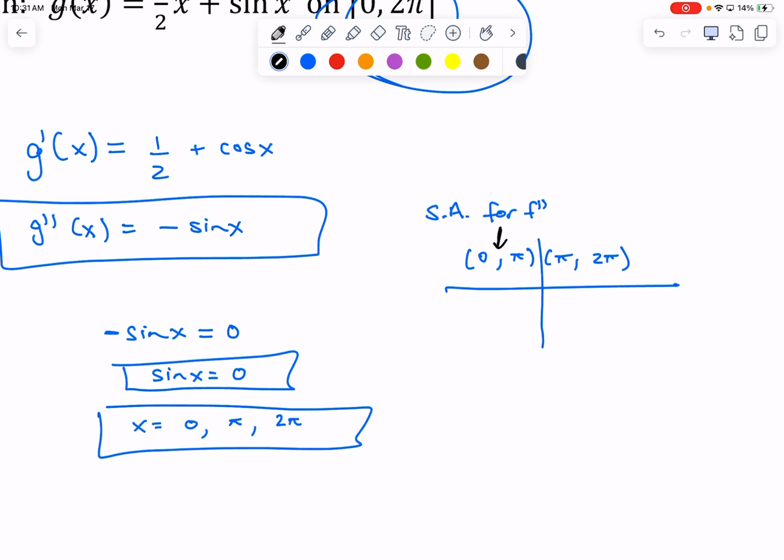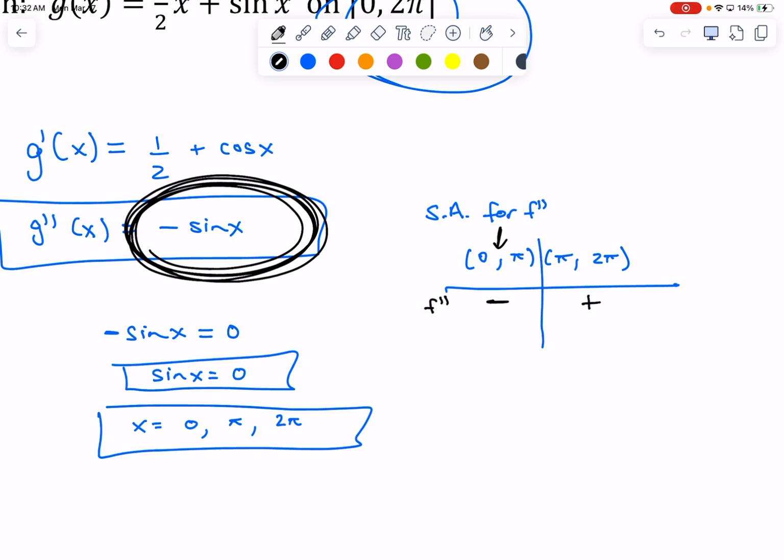What is sine of pi over 2? Your second derivative is negative sine x, so sine of pi over 2 is 1, but when you multiply it by a negative, it's negative. So the second derivative is negative, positive. The signs alternate.